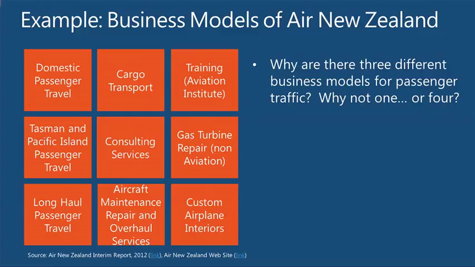I saw a hand over here. That's right. They outsource domestic flights to subsidiaries. That's right. So there's a different structure, a functional way that they approach the problem of offering those services. Very good point. The value proposition is very different for each one. And they're not shy about saying so. The long-haul flights, they're not just selling the airline, they're selling New Zealand.